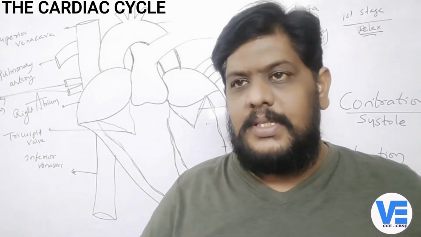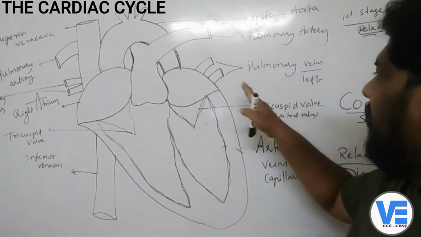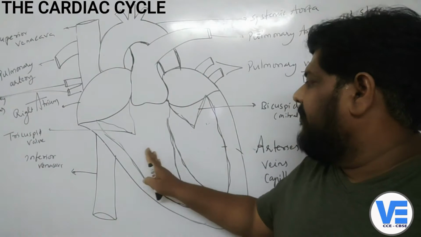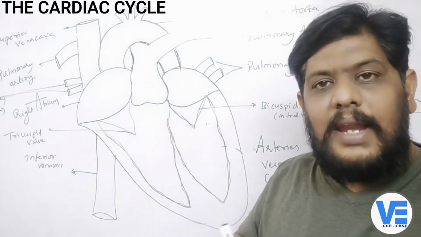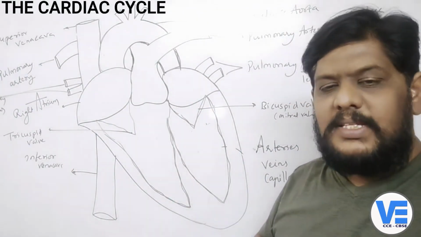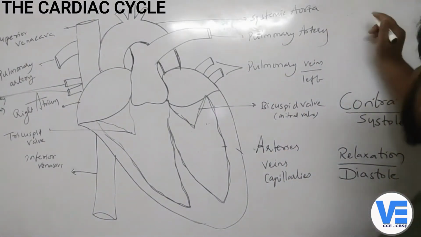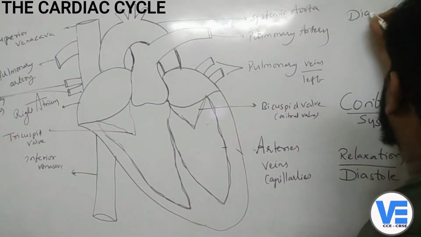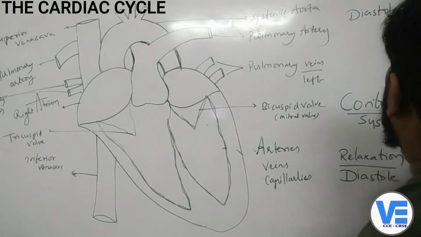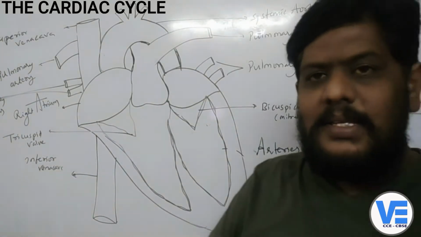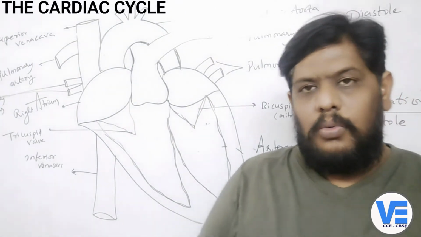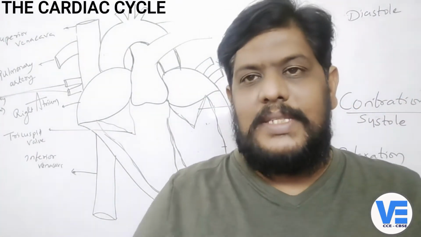As both auricles, atria and the ventricles are in a relaxed state, what can you call this stage as? You can call it as diastole.